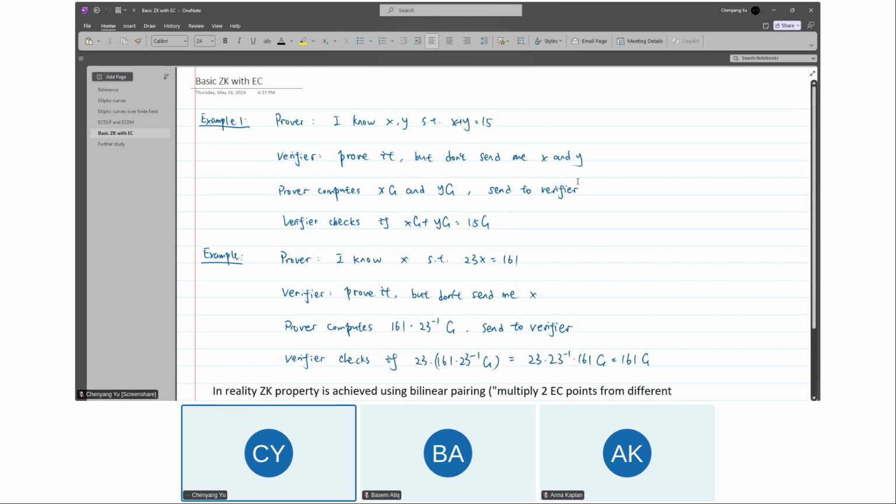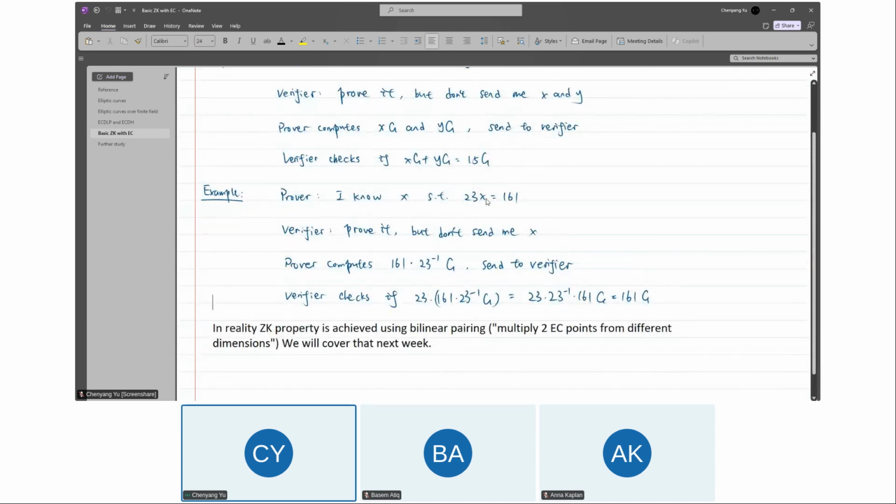Okay. So another pretty interesting example is that we can encode rational numbers. We just talked about that. So the prover claims that he knows x such that 23 times x equals 161. The verifier says, okay, prove it, but don't give me x because we want to make it zero knowledge. The prover just computes the inverse of 23. It always exists because we are doing it in a finite field.